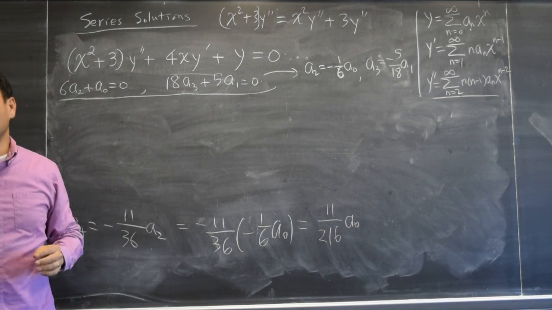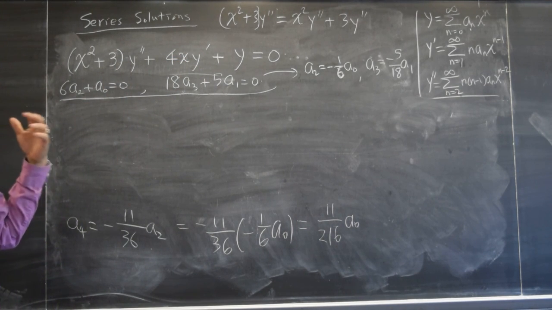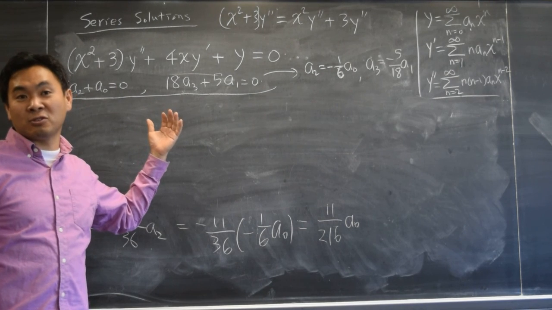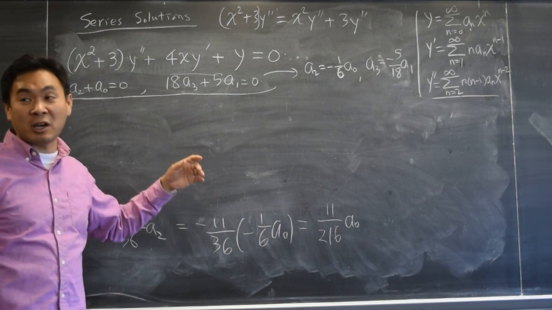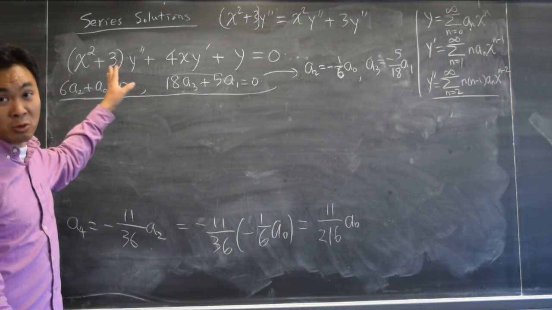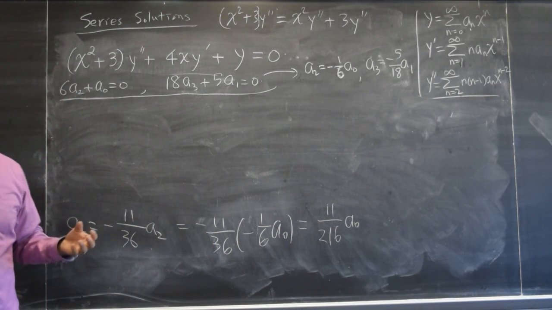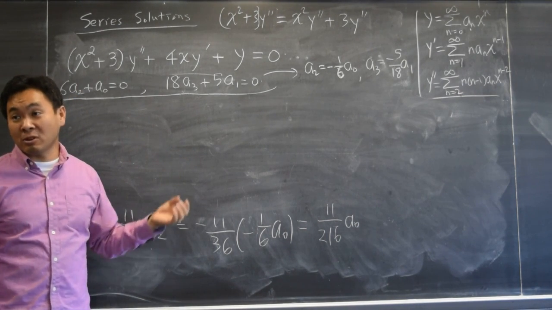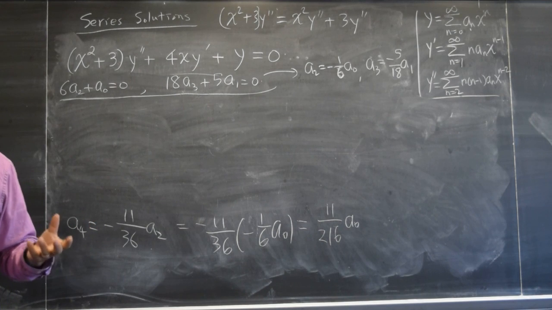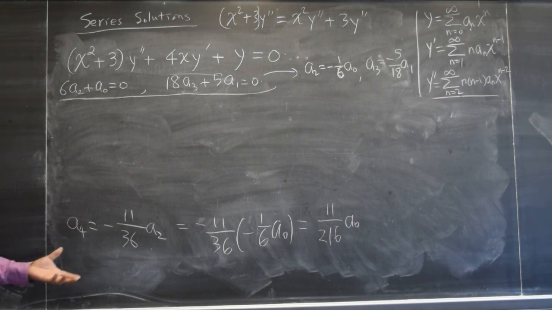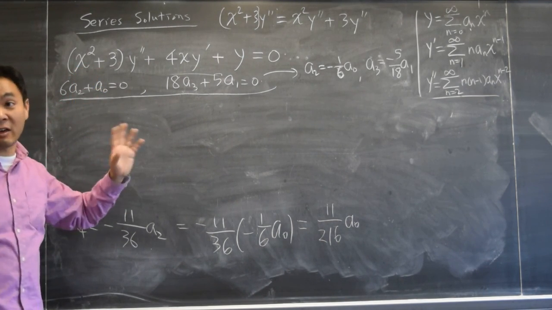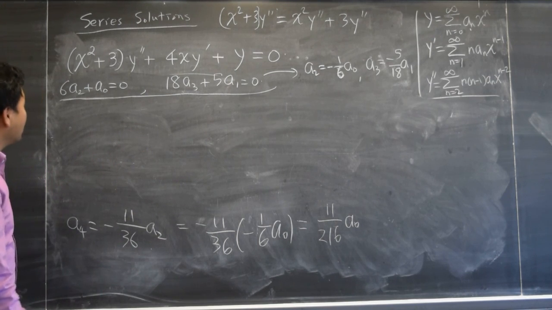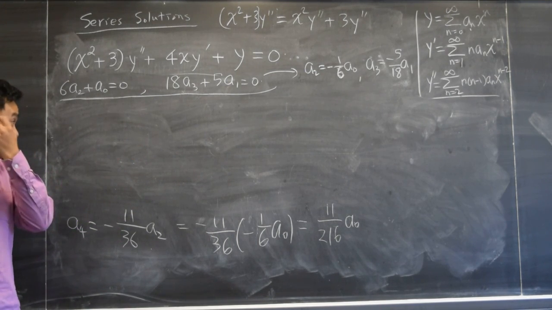So in terms of our previous case where we had the constant coefficient linear differential equation, we had C1 and C2 for second order, right? That role is taken over by A0 and A1. So it's okay to have A0 and A1 in your solution, but you can't have any more than 2 parameters, because it's a second order equation.